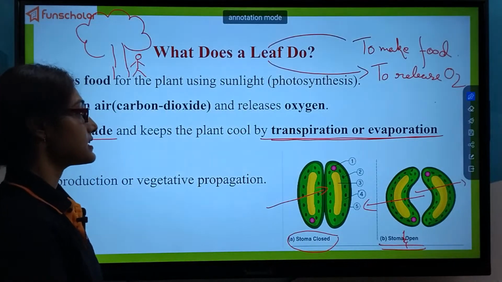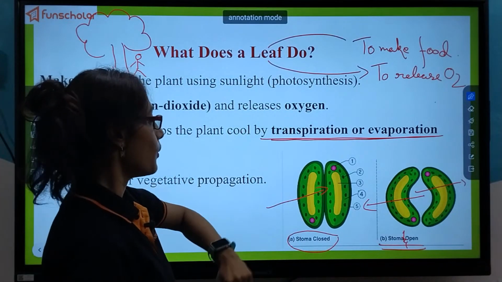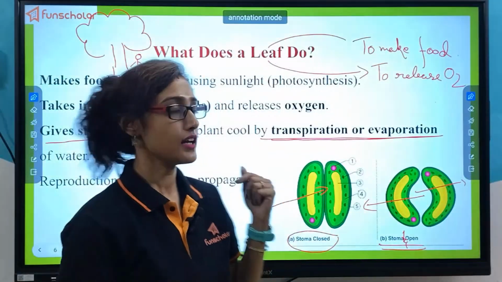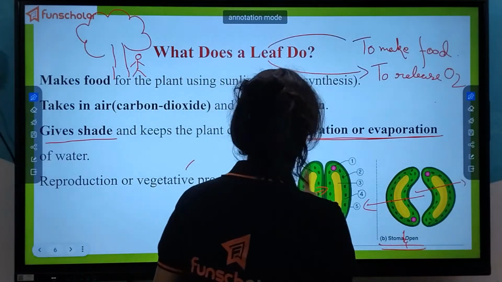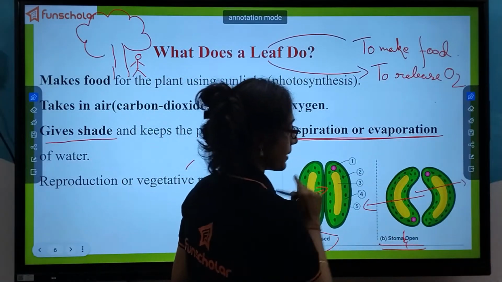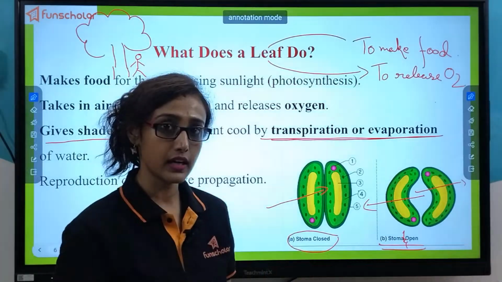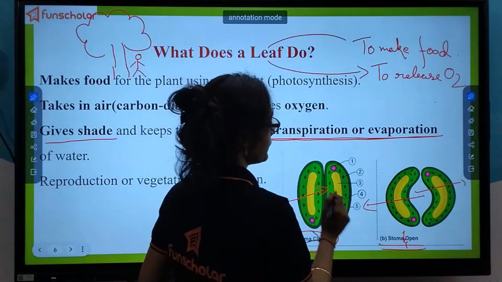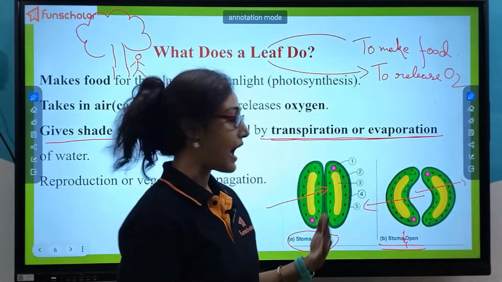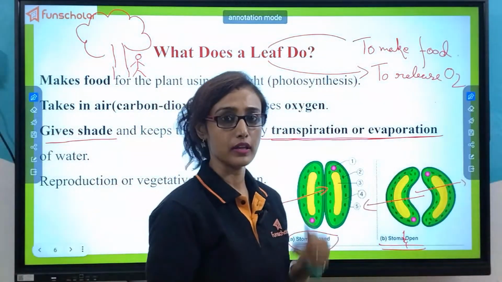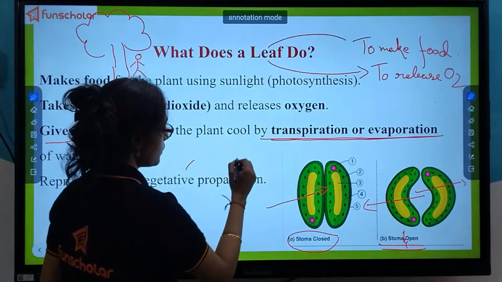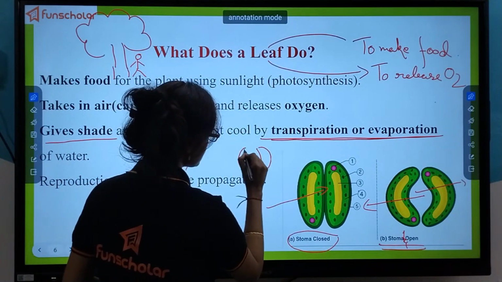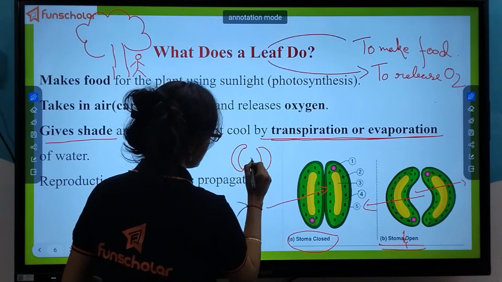Okay, this is a new terminology. What is transpiration? Okay, you know the leaves have stomata, and you have also learned till now that when the stomata is open, either water or air molecules pass through it. So what happens when the stomata is open?